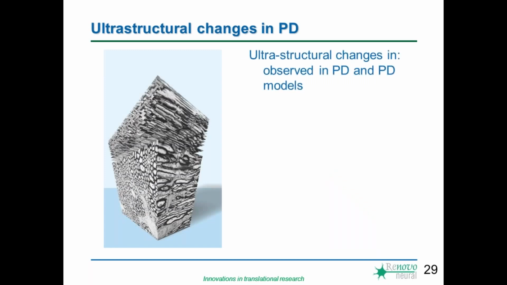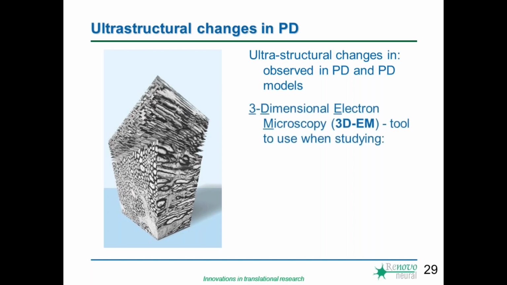Structural changes in organelles such as mitochondria, phagocytes, as well as synapses are seen in PD brains and also in animal models of PD. Three-dimensional electron microscopy, also called serial block-face scanning electron microscopy, is a great tool to use when going into the cellular organelle resolution.